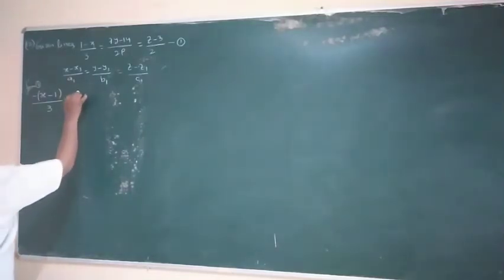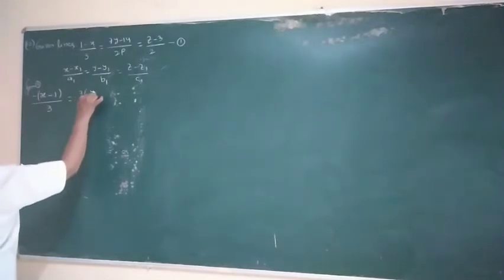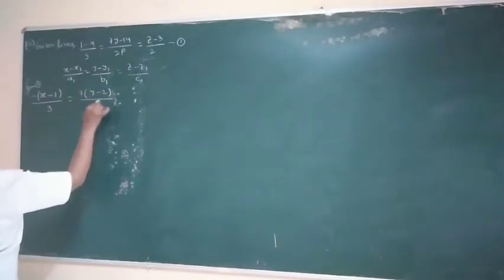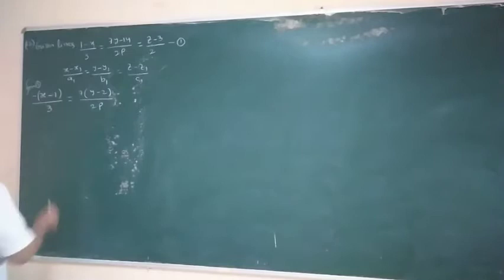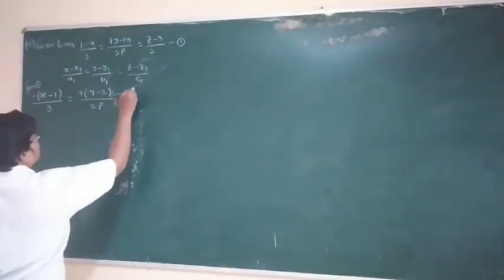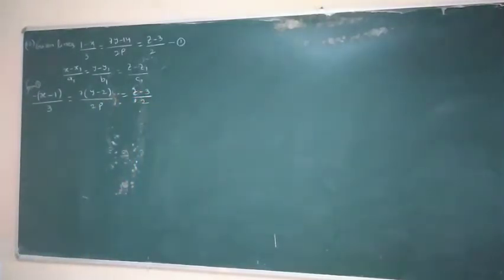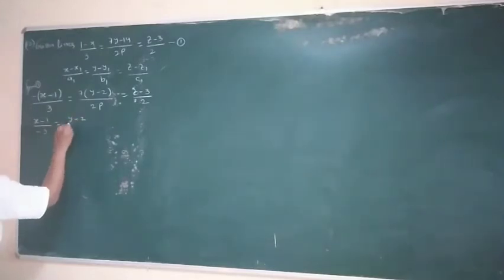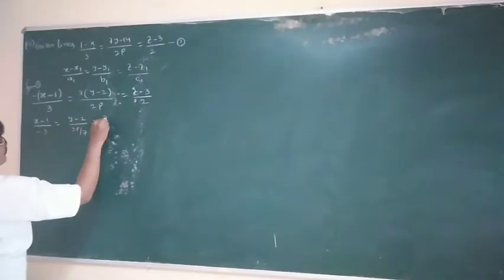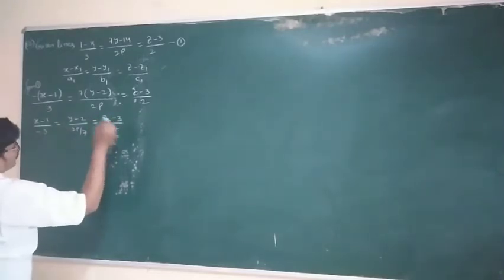Here take 7 common: y minus 2 by 2p. That is equal to z minus 3 by 2. So x minus 1 by minus 3 is equal to y minus 2 by 2p by 7 is equal to z minus 3 by 2.